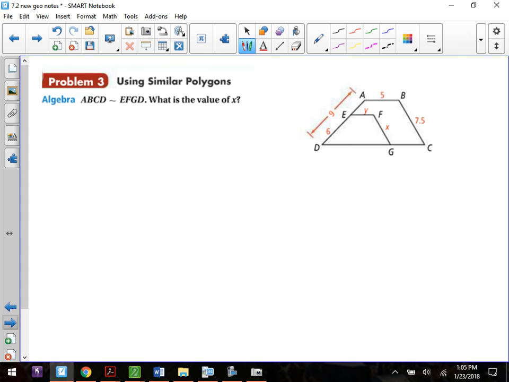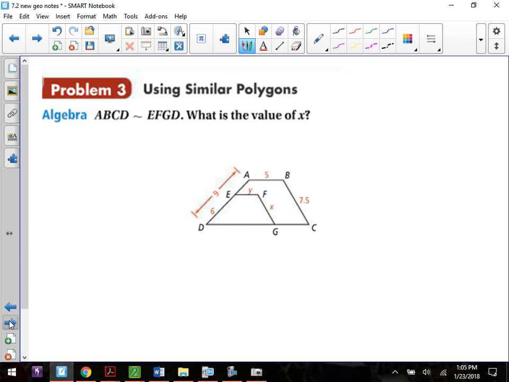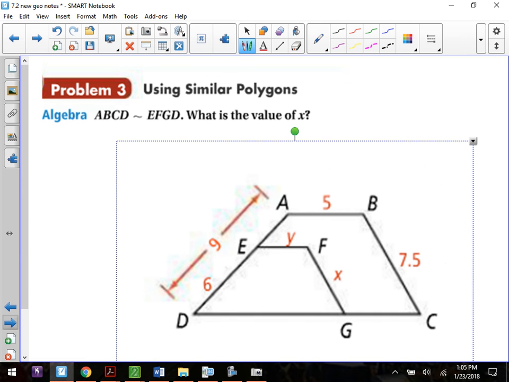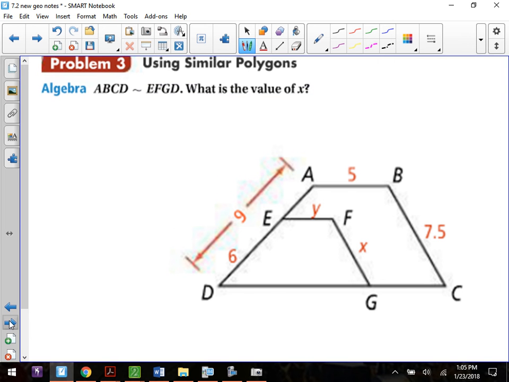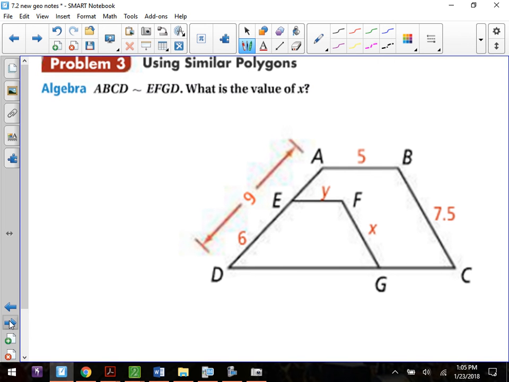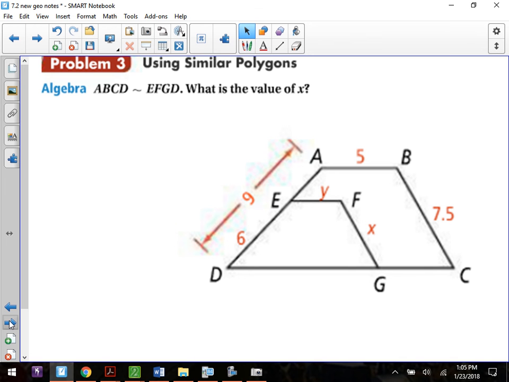So the whole thing that allows you to do this, and this is kind of where we're headed, is the following. You're going to be given a similarity statement. In this case, it tells you that ABCD is similar to EFGD. Then it gives you a diagram with numerical values.